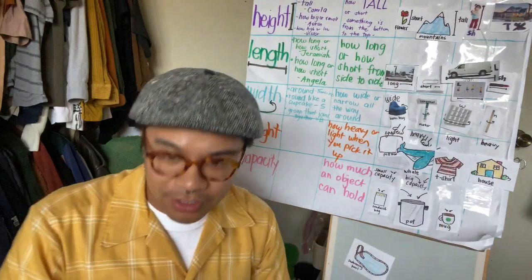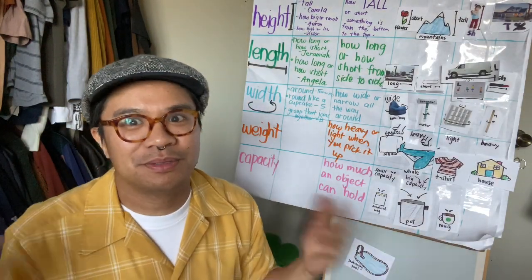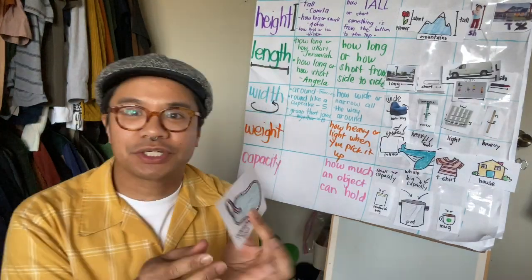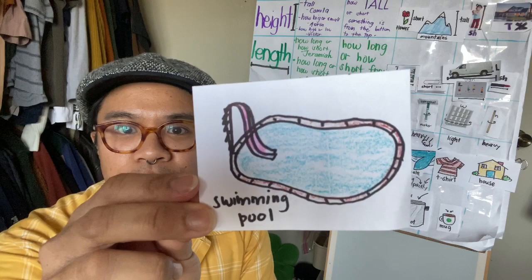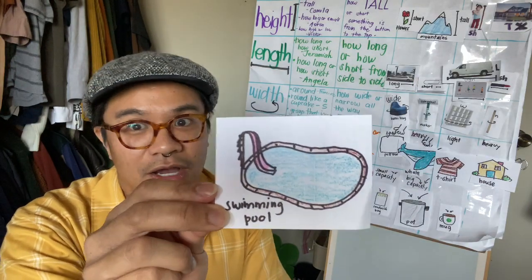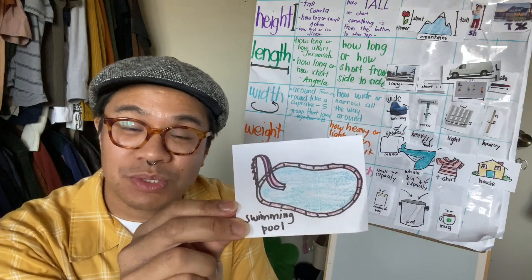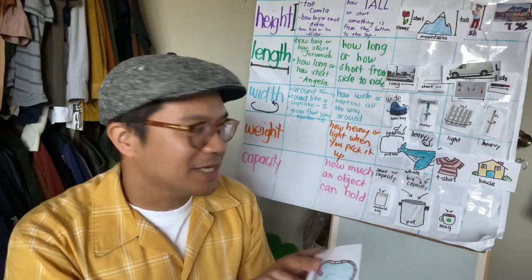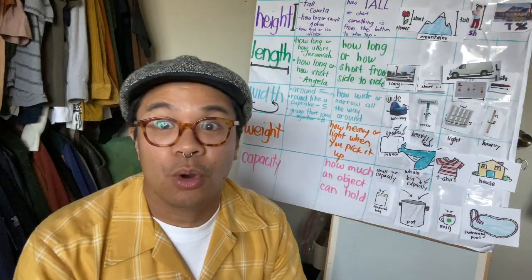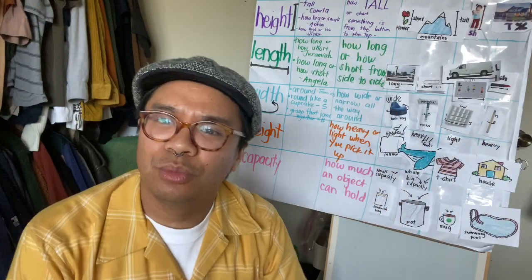And I have another object, and this object was too big to bring inside, but I have a picture of it that I drew. It's a picture of a swimming pool. Now, some of you might have a swimming pool in your backyard. I'm sure a lot of you have gone to Raging Waters and swum in the pools there. What's the capacity of those pools? Do you think they're a small capacity or a big capacity? And why?